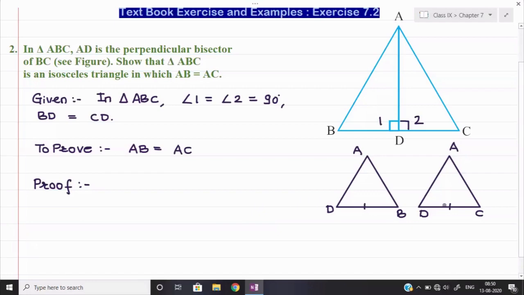Angle 1. What is the name of angle 1 actually here? ADB. So this angle is my angle number 1. And ADC, this is my angle number 2. So angle 1 and angle 2 are also equal, right?